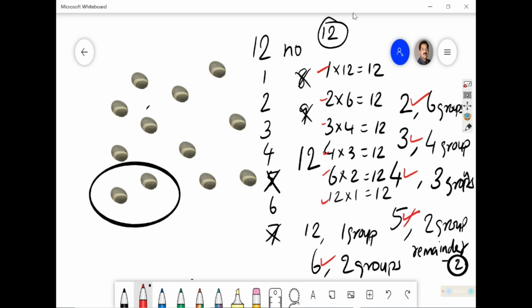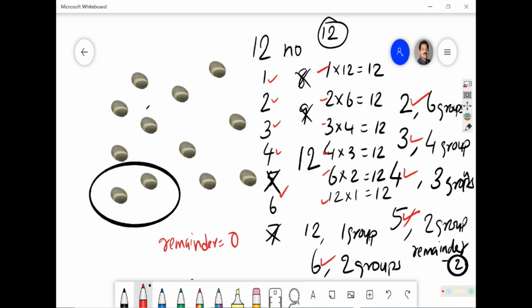From all these things, what we understood is that numbers like 1, 2, 3, 4 and 6 are divisors. We can divide 12 with them. 12 is divisible by these numbers, and the remainder in all such cases will be 0.